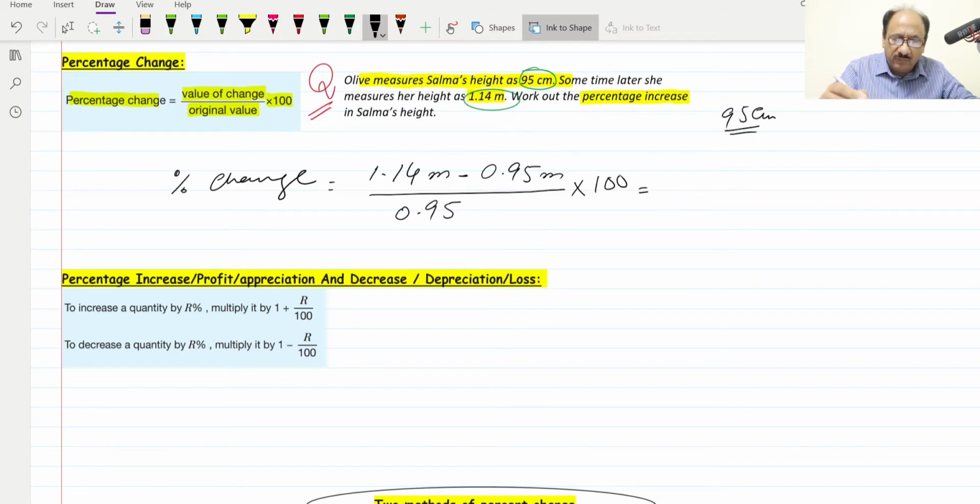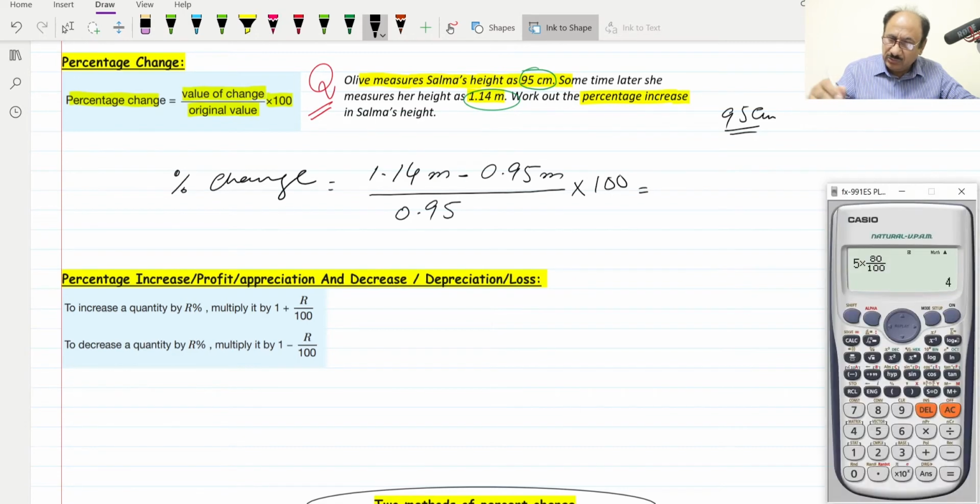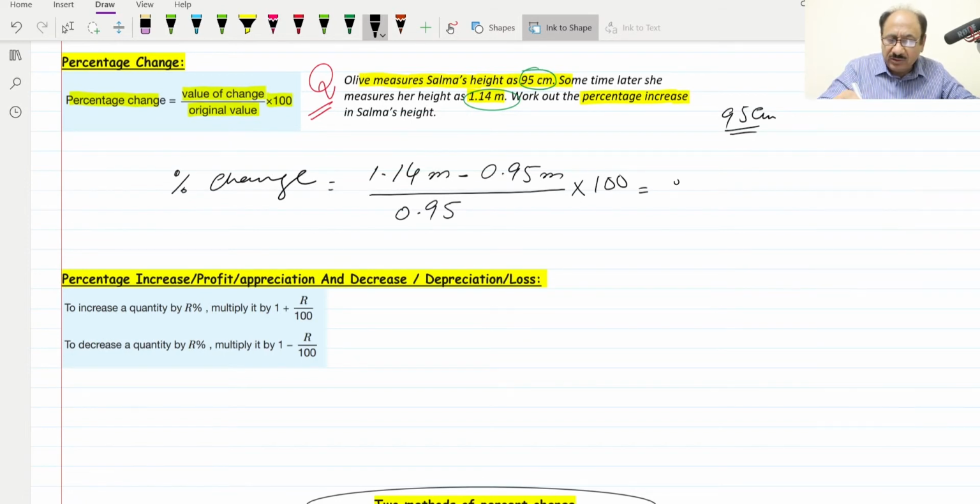So this will be 1.14 minus 0.95, divided by 0.95, multiplied by 100, and we will get 20%. So the increase will be 20%.